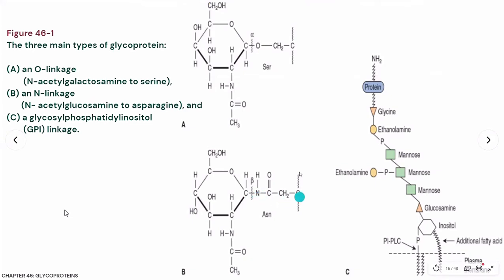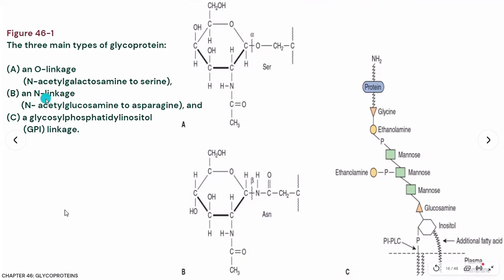And then this one, it is also glycine, the amino acid, nitrogen, with an ethanolamine before it is attached to mannose. Okay? So that is nitrogen link. This is oxygen link. So you have oxygen linkage and acetyl galactosamine to serine.